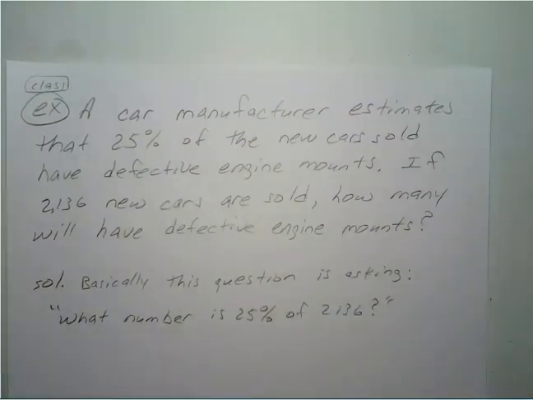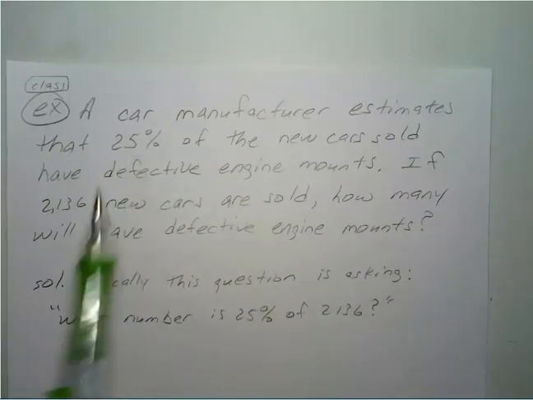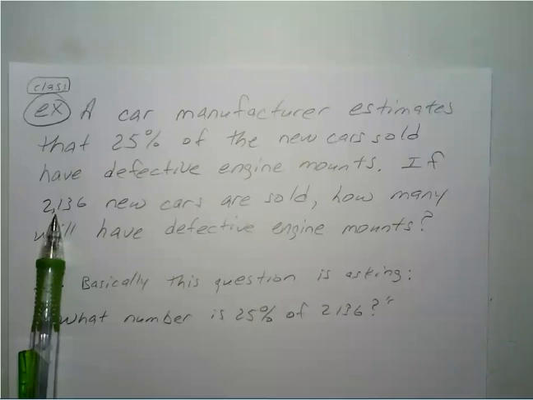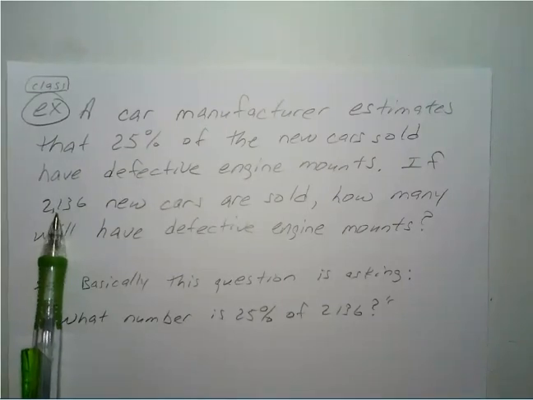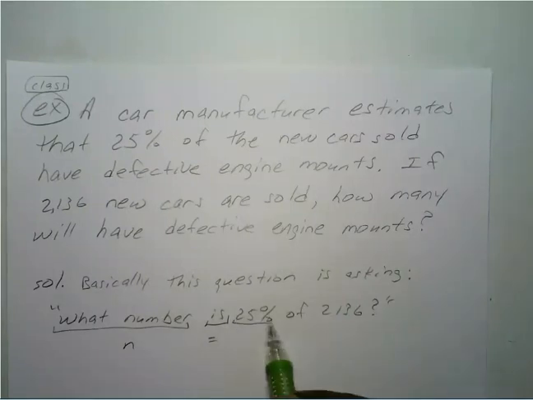If you really read it, you have 25% of the cars sold have defective engine mounts. If they sold 2,136, 25% of those cars have defective engine mounts. This is really all they're asking. So what number N is equal to your 25%?